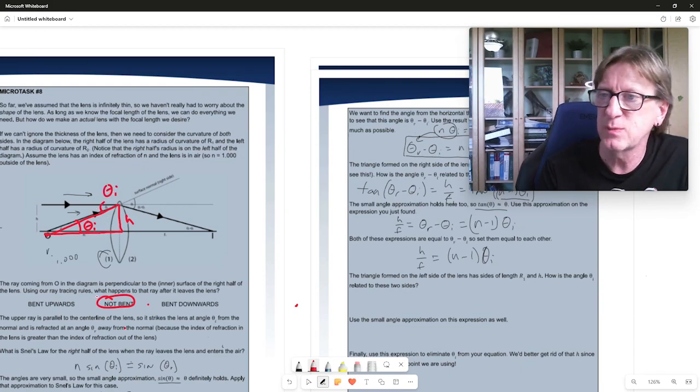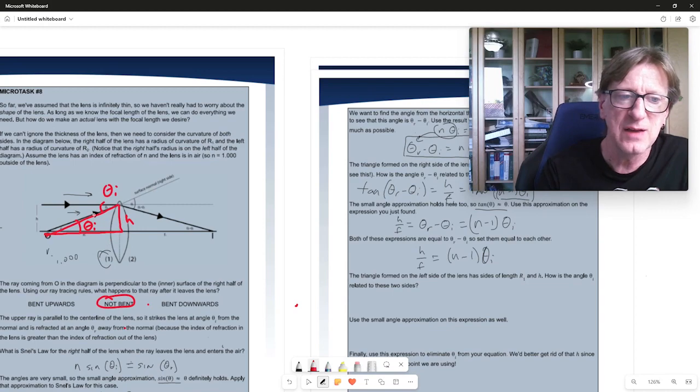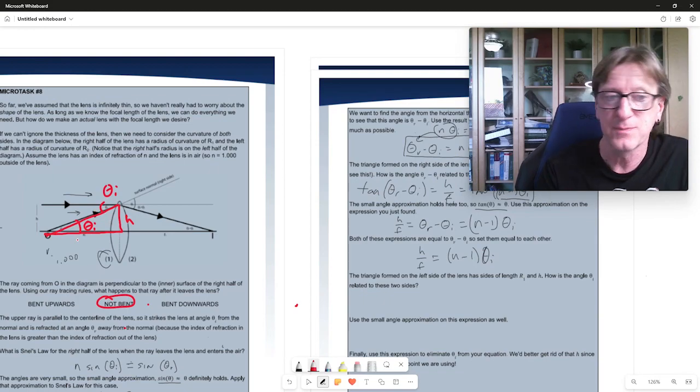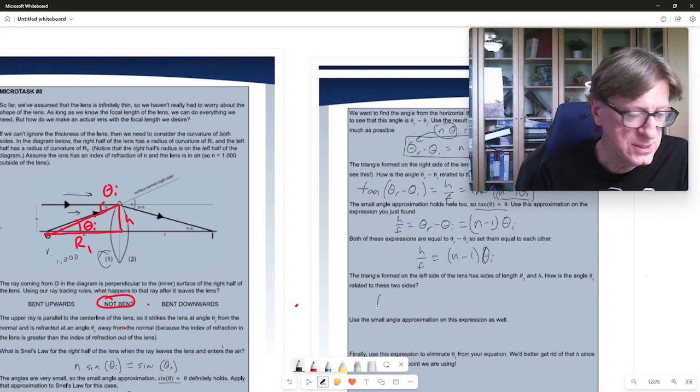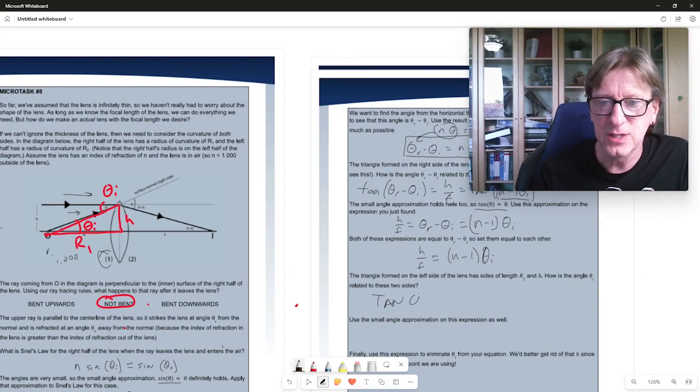And for the same reason that we had before, I've got these parallel lines, I've got a line coming in between them, so these alternate interior angles are going to be equal to each other, right? So I've got a triangle, I've got R1 here, I've got H here. What trig function is going to form those? That's going to be the tangent again. So the tangent of theta i must equal H over R1.